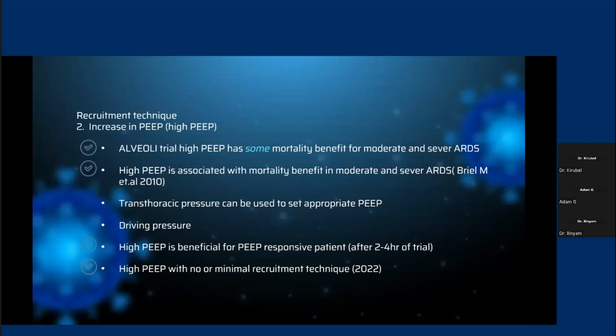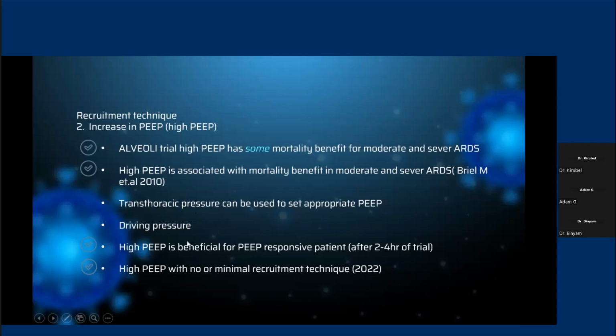As I told you, transpulmonary or esophageal pressure monitoring is useful to set the appropriate PEEP and driving pressure, talking about prognosis.